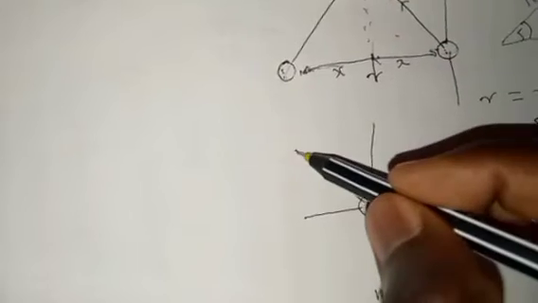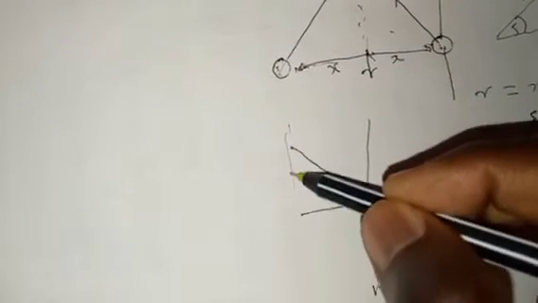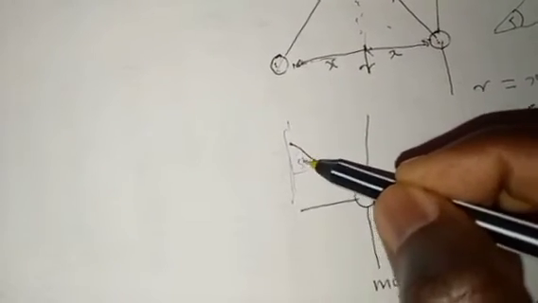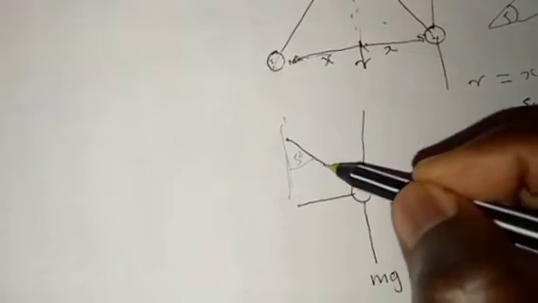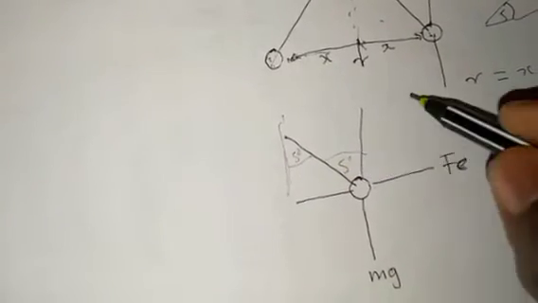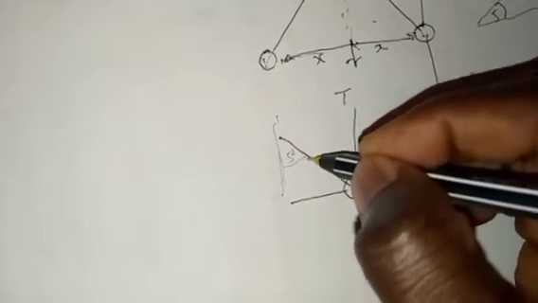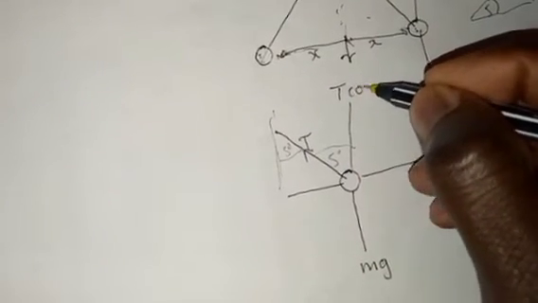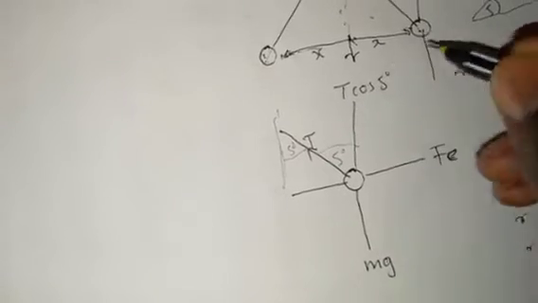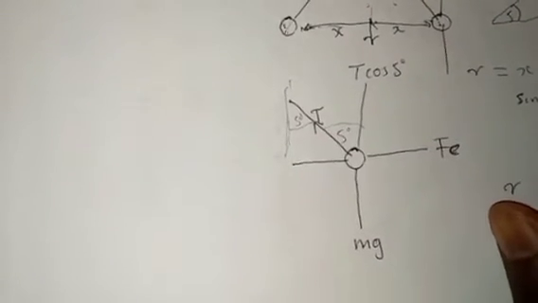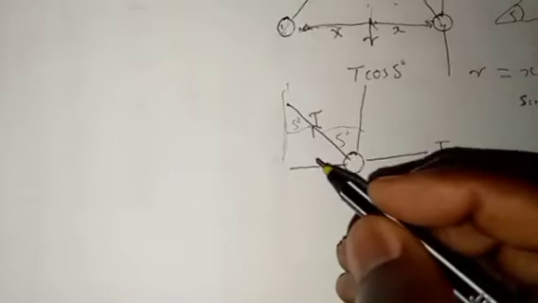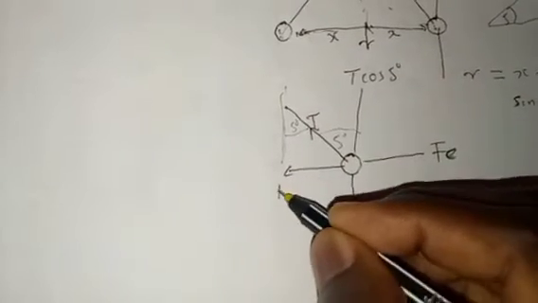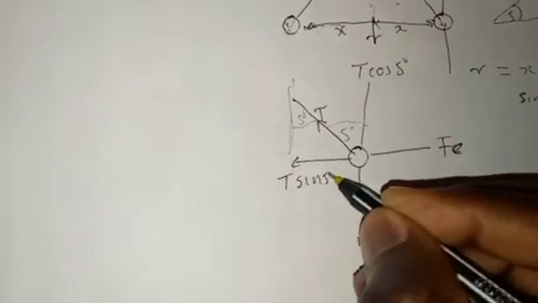Since the angle is formed somewhere here as 5 degrees, this is making an alternate angle. Even here we're going to have 5 degrees. Since we are trying to resolve the tension, this is going to be T cos 5. Remember, the axis that is cut by the angle carries cos. Then this one is going to be T sin 5 degrees.